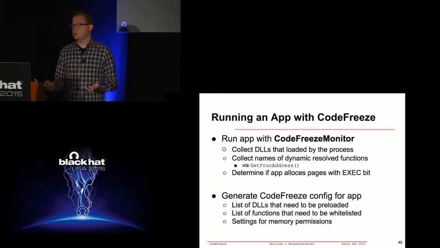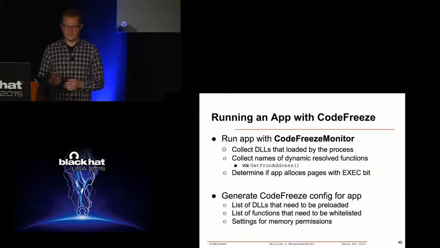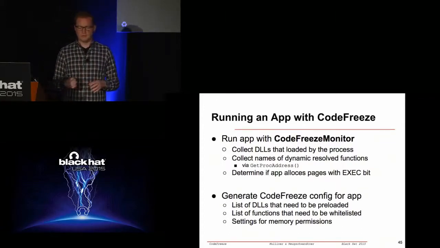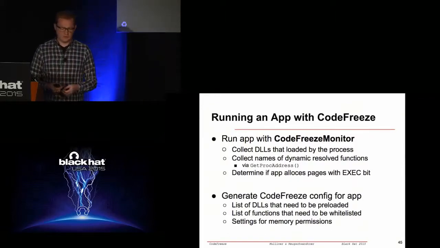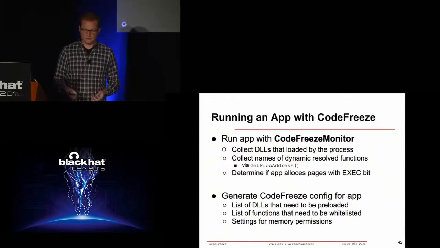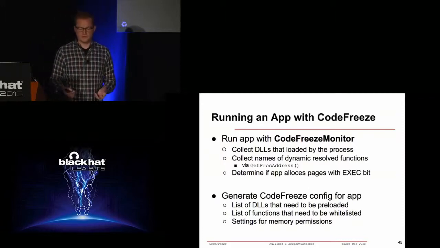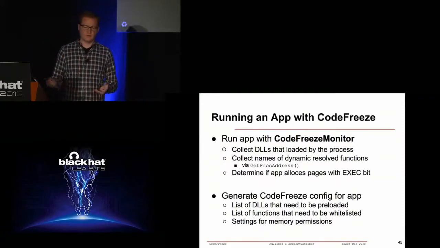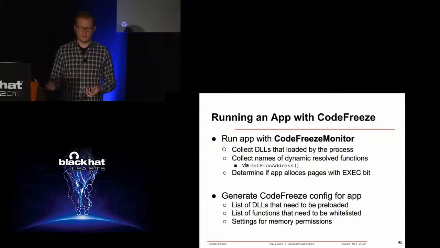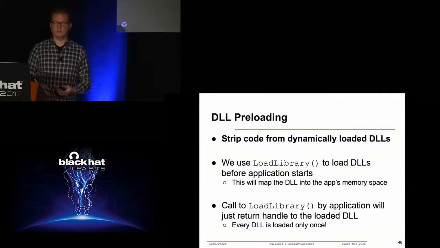And it will also check if the application ever allocates memory pages that are executable or changes some pages, so basically any modification of executable memory pages. After the end of this monitor run, this generates a configuration for the application, basically a list of DLLs that need to be preloaded, and a list of functions that are going to be whitelisted. For example, every function that's called via GetProcAddress needs to be whitelisted. And the settings for the memory permission enforcement.